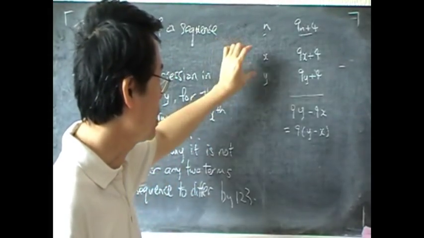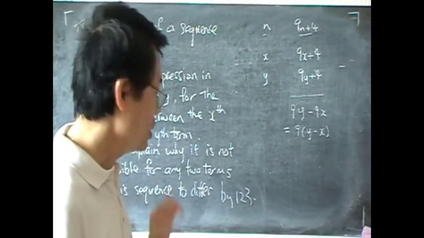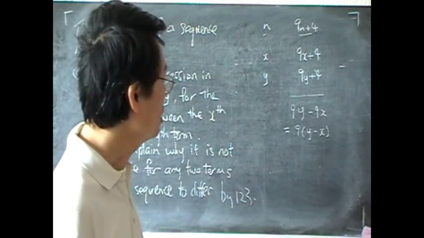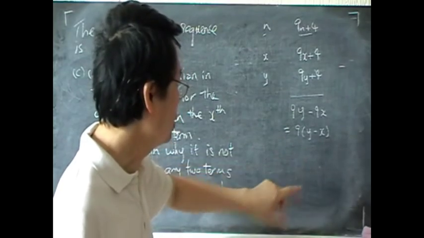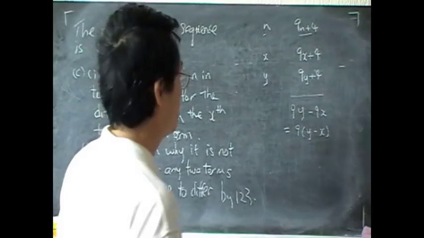Suppose that these are the two terms, x and y, then if the difference gives 123, it means that 9 times y minus x is equal to 123.